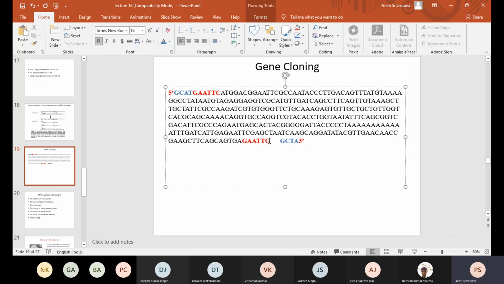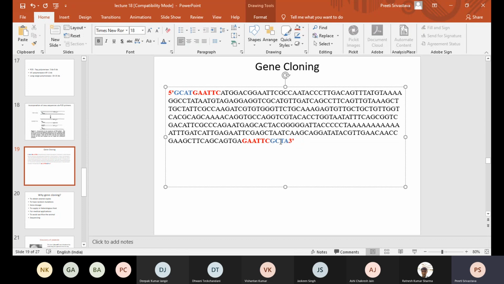When they bind at the ends, they do not bind properly because the site is almost at the end. Remember the palindromic sequence? In this case, the top strand will be cleaved between G and A, but the bottom strand will be cleaved almost at the edge. There will be just one nucleotide. Therefore, you provide some extra bases, which vary from enzyme to enzyme.